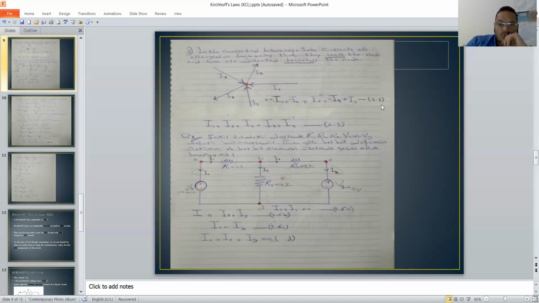That's right, 2.3. And we can derive equation 2.5.